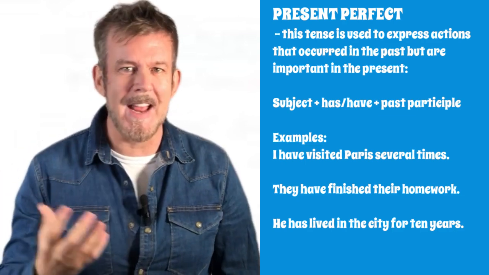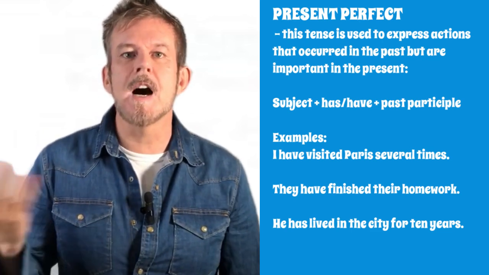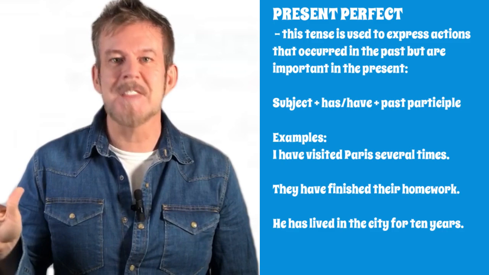That's different than saying, I lived in the city for 10 years. All right, that's done. That's complete. Nothing more to say. So in short, the present perfect is about expressing an action in the past that is important to the present. It's important to the ongoing conversation.